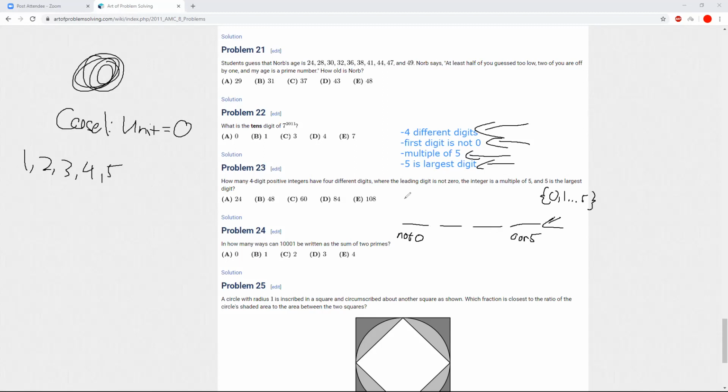For the first digit, we can have any one of these 5 numbers since they're not 0. So for this digit we have 5 different choices, because it can be any one of 1 to 5. But for the second digit, we only have 4 choices now.